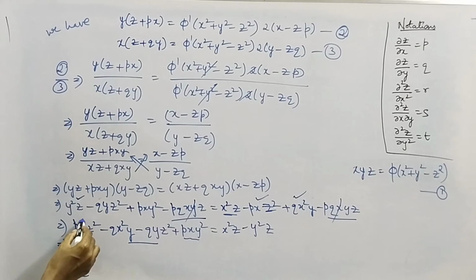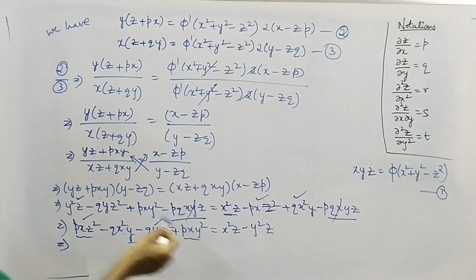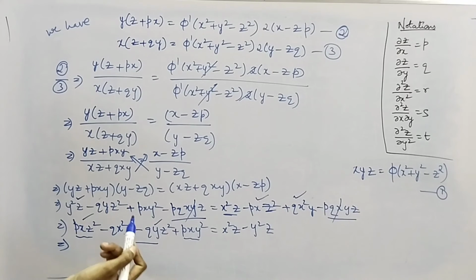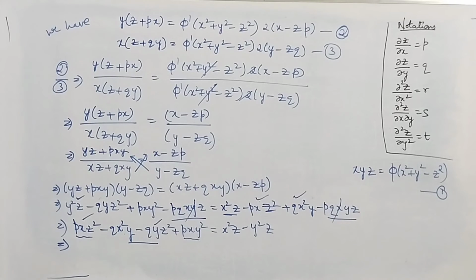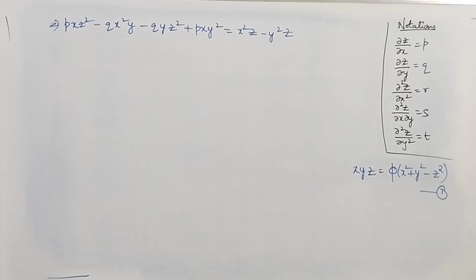Or you can take z square common from these two terms and xy common from these two terms. Okay, you have options. Fine, let me write one more step. We'll show you both ways.